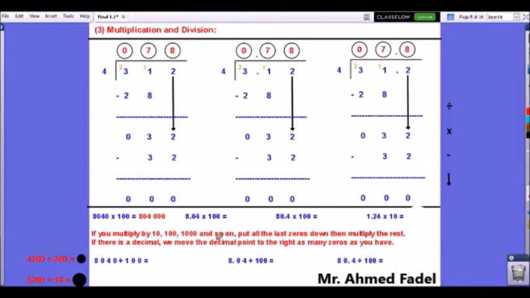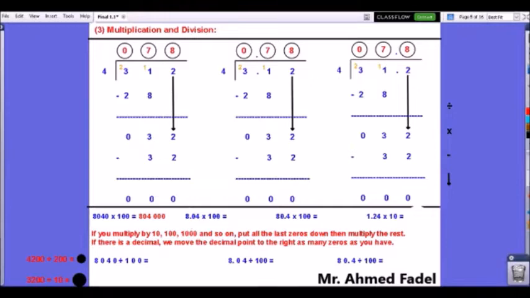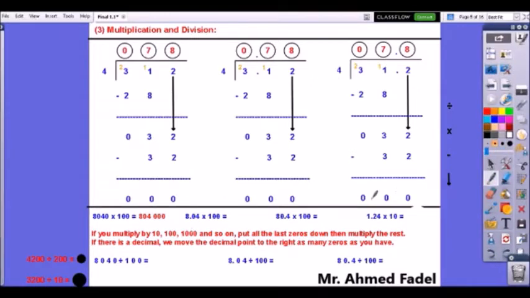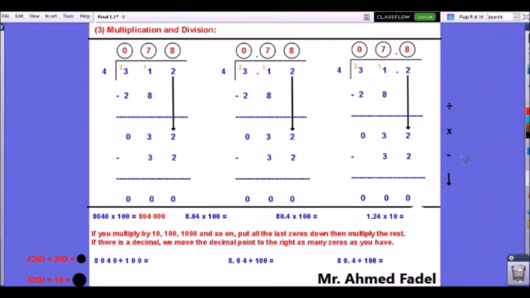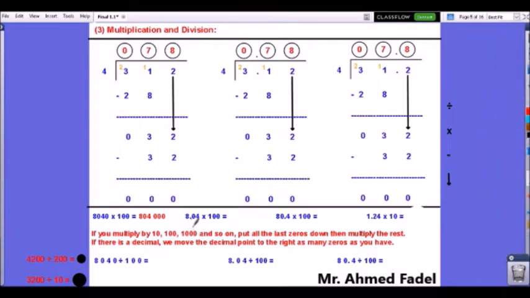So here I have 2 zeros. Then just move the decimal point to the right 2 digits, 2 places. So I'm going to take it here, this way. I'm going to take the point 1 digit from here.